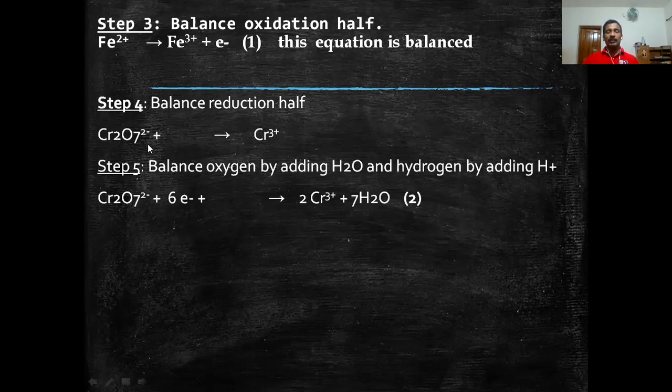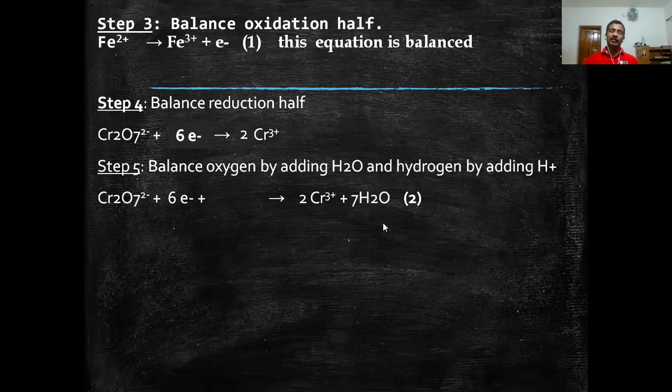Here Cr2O7 2 minus changes to Cr3 plus by accepting 6 electrons. Isn't it? Okay, Cr2, therefore we have to write 2 Cr3 plus. For the conversion of 2 chromium in plus 6 oxidation state to 2 chromium in plus 3 oxidation state, 6 electrons needed.